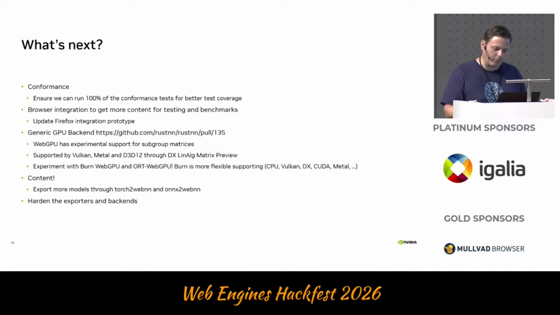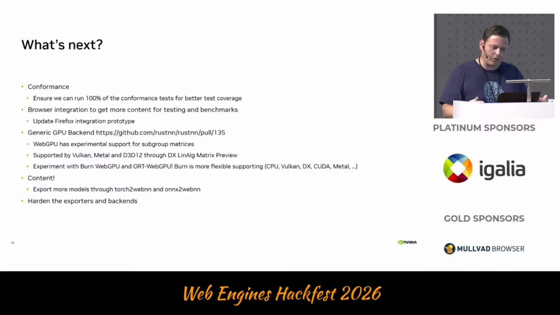So I have a pull request for the Burn parts I talked about, but with Burn we would also be able to support Vulkan, Metal, D3D with DXLinAlg, so we will have matrix tensor cores. And well, maybe we even try to replace the ONNX requirement so that you can ship a RustNN backend without any DLL dependencies if you don't want to get to IHV-specific EPs.